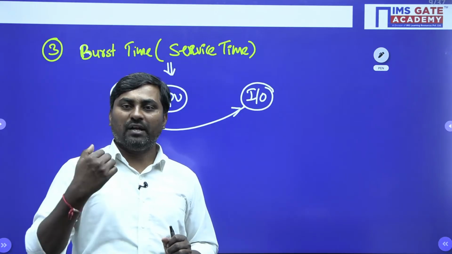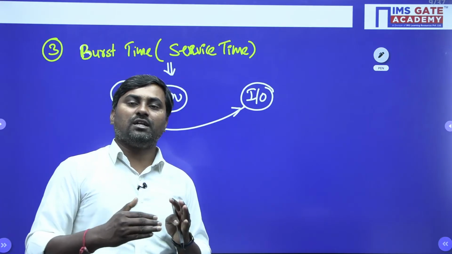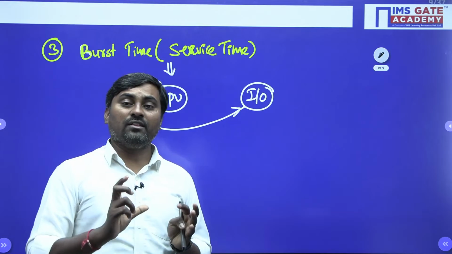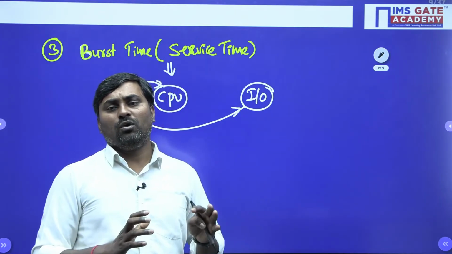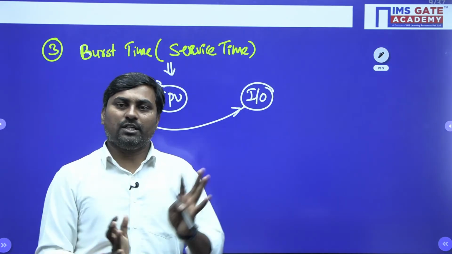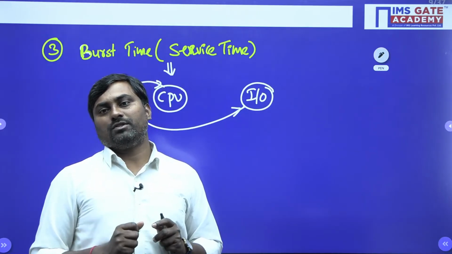Let us take an example. At 9 a.m. we schedule, it started execution, and it runs until 9:20. Maybe 15 minutes spent on CPU and 5 minutes spent on IO. Whatever activities happen, that total time we call burst time or service time.